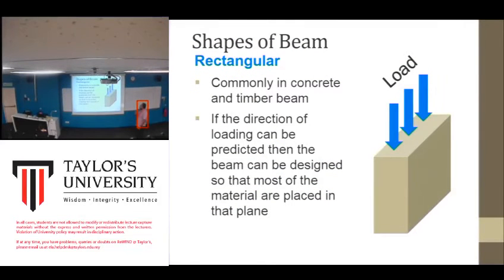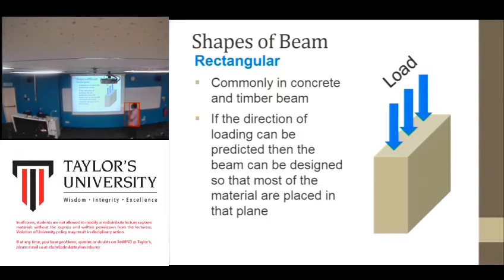Okay, usually the shape of a beam is in the form of a rectangle, so commonly used in concrete or timber beams. If the direction of the loading can be predicted, then the beam can be designed so that most of the material is placed in that plane.